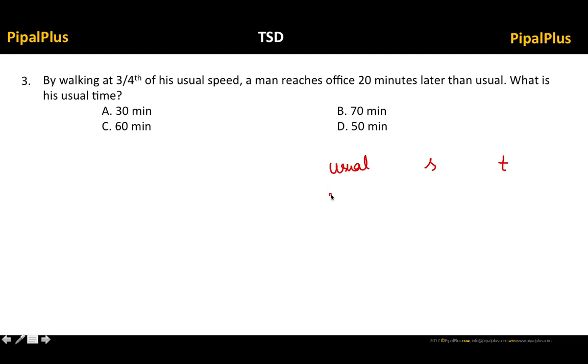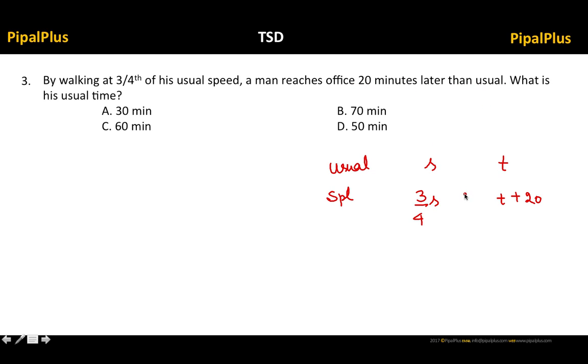But in the special situation, if he walks slow, the speed now being 3/4 of his usual speed, if he walks at 3 by 4 s, the time that he takes is 20 minutes more. Why? Because he's reaching 20 minutes late, right?